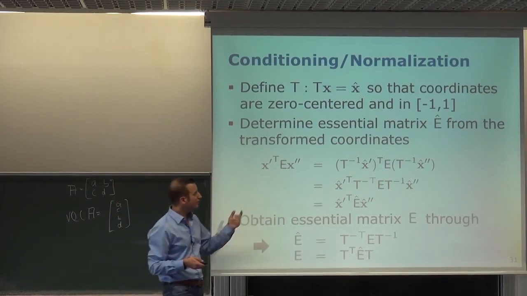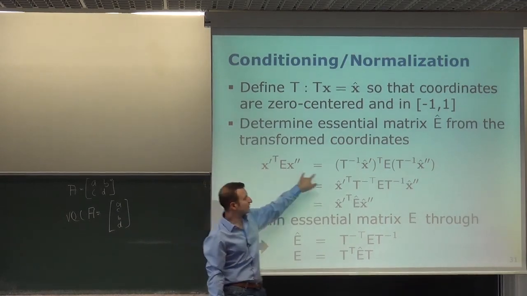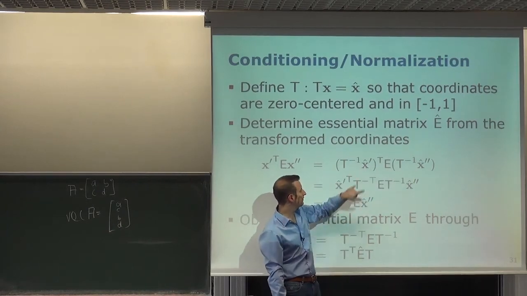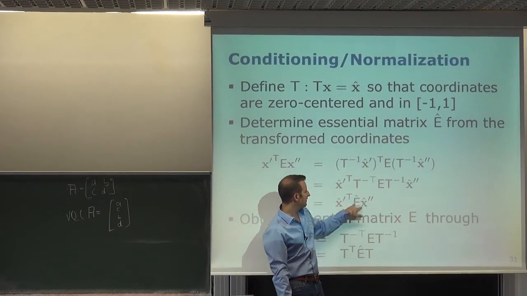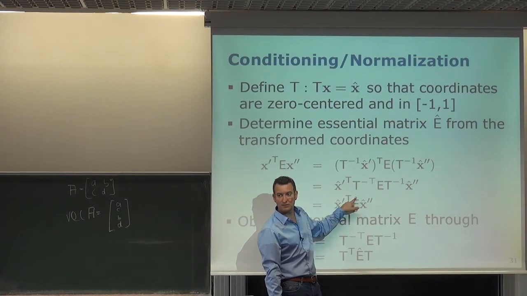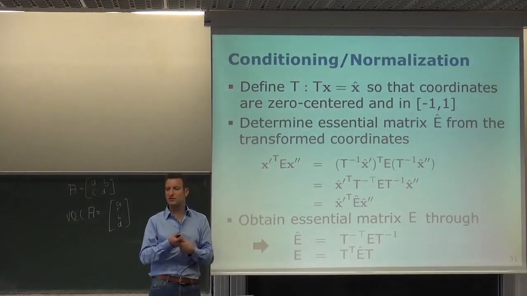So what I need to do that, if I have my essential matrix from the original points, say, okay, I transformed my points with my transformation T, turn that into X hat, and then I get this E hat or F hat over here. This is just the product of the essential matrix with a transform.